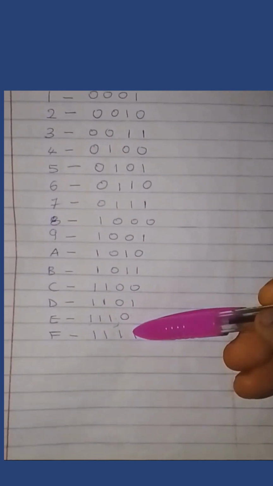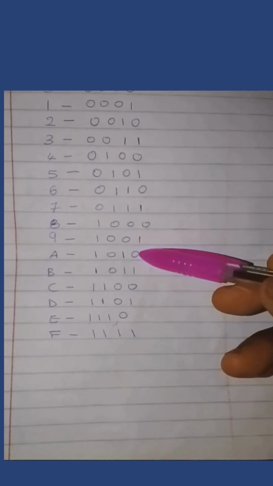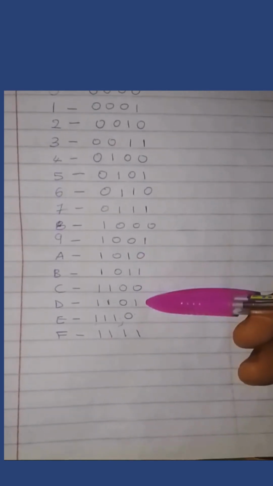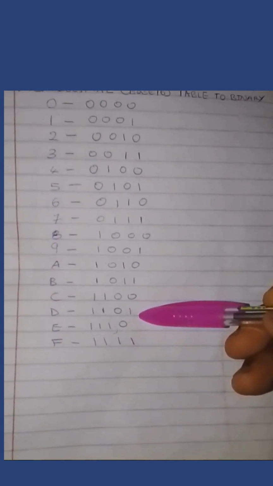This is F, 1, 1, 1, 1, and A, 1, 0, 1, 0. It appeared twice, and D, 1, 1, 0, 1. Where F equals 1, 1, 1, 1, A equals 1, 0, 1, 0, the second A as well, 1, 0, 1, 0, and D equals 1, 1, 0, 1.